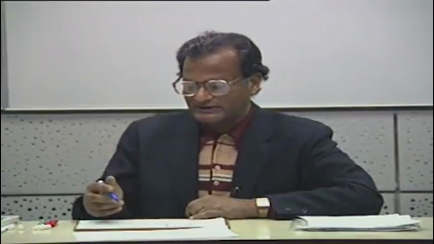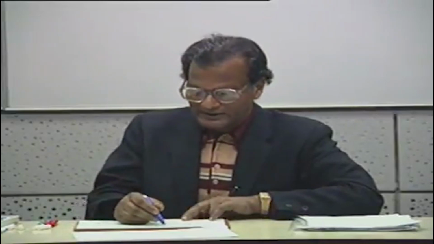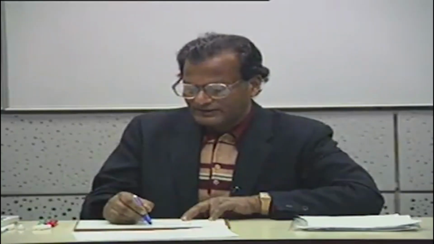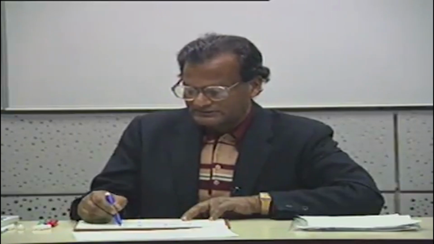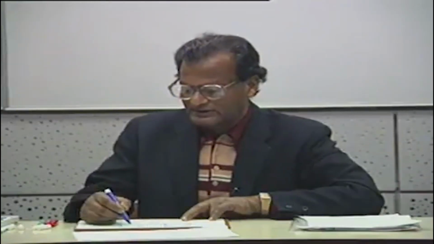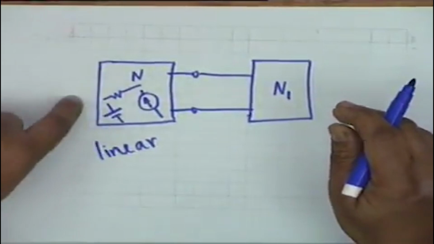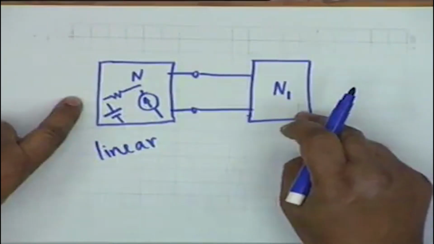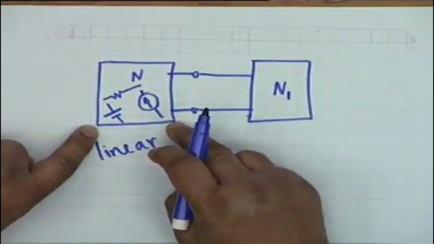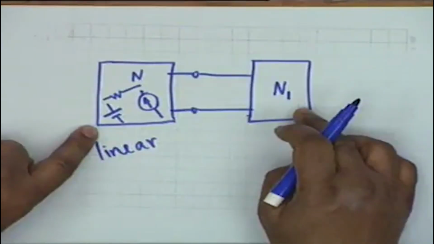Thevenin's theorem says that if there is a network N which is linear connected to another network, let us say N1, which could be either linear or non-linear, it does not matter. N1 is an arbitrary network which is also a one port, and capital N is the one port which drives N1, that is, capital N is the driving network and N1 is the driven network.